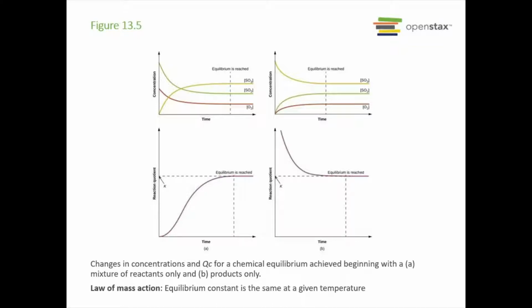So this is showing changes in concentrations and how that affects your Qc, the reaction quotient. In A, on the left, we're starting with a mixture of reactants only. So you can see over time how the concentrations are changing, then where we reach equilibrium, and you can see the reaction quotient below, how it's increasing over time until we hit our equilibrium point, and then it stops changing.